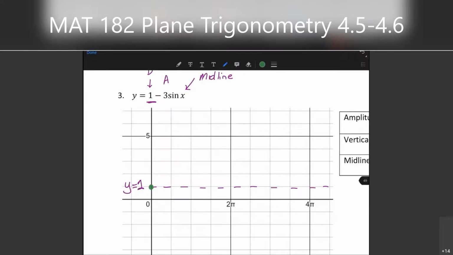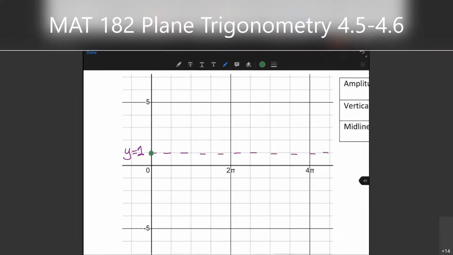Okay, now if I consider the 0 to 2 pi range, again I'm going to cut this into fourths. There's going to be a point at each of those 3 markers somewhere, and then we'll get back to my starting point by 2 pi. Where should my first point go at that first marker?